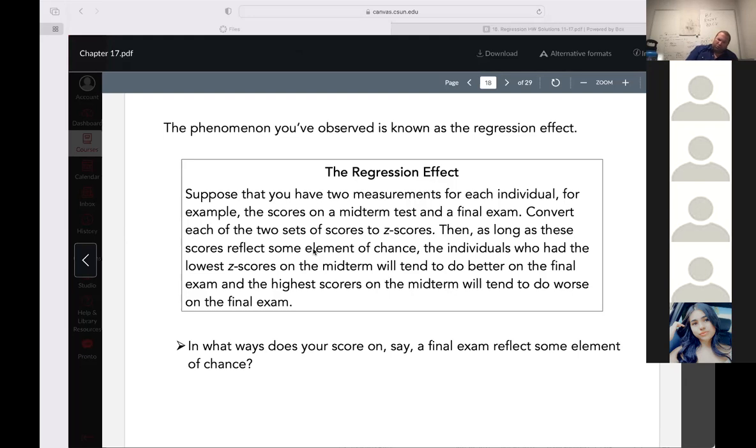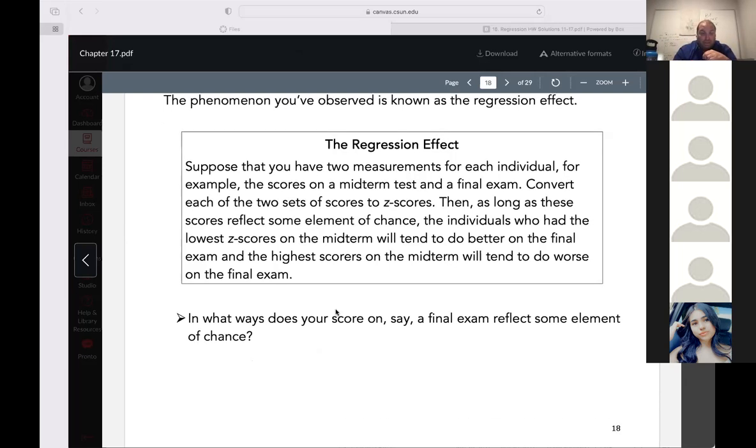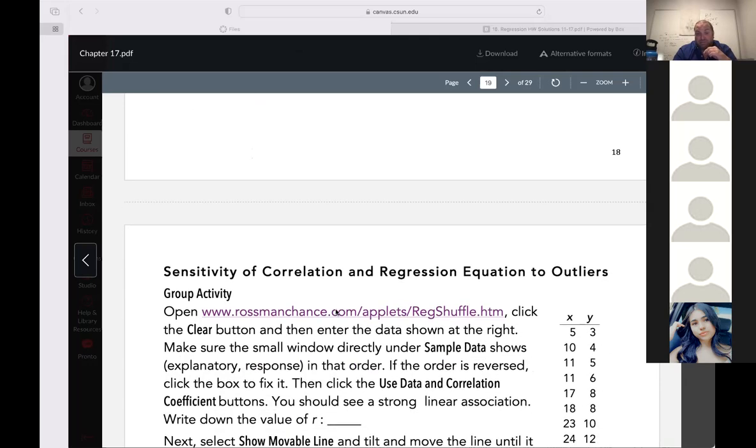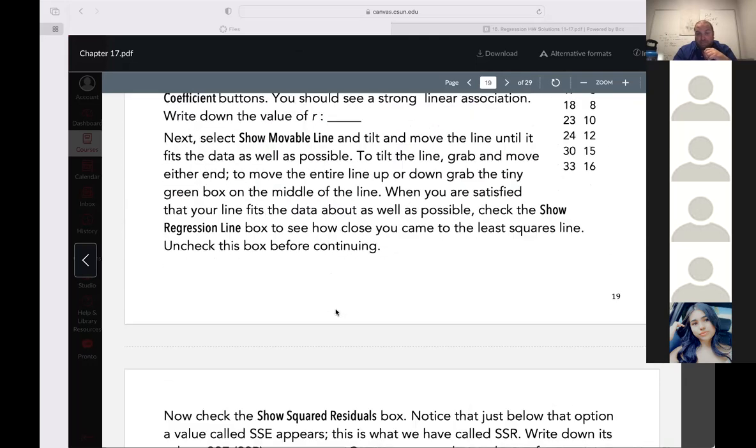There still is some luck involved on these exams. So there's always going to be some motion of grades, even though the part that's not luck will keep you somewhat in the right vicinity, but the part of luck will have you move towards the mean. That is the regression effect. Does that make sense?